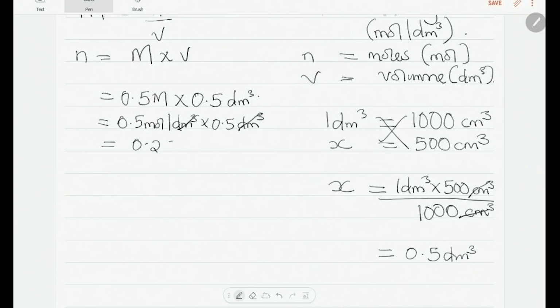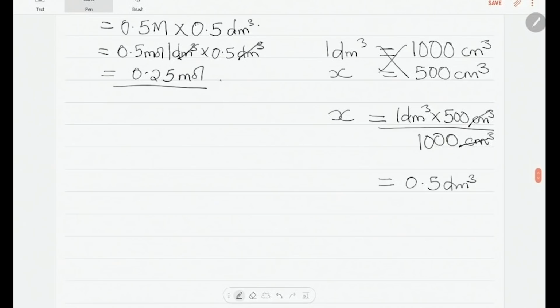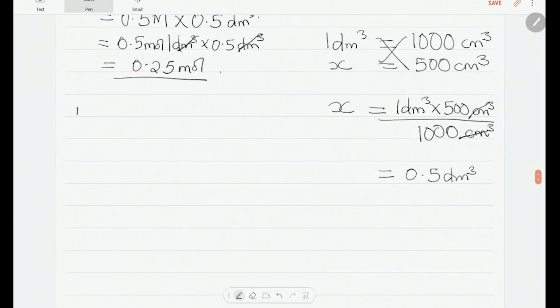The question is asking us to find the mass of copper 2 oxide. So therefore, we use the formula number of moles is equal to mass over molar mass. We are not looking for number of moles. Here we are looking for the mass, and therefore we need to make M the subject of the formula.